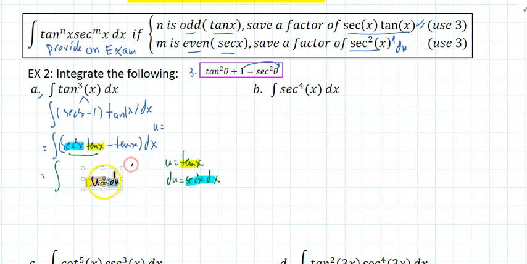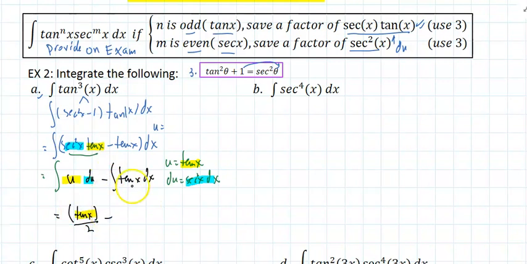And that integral right there is really straightforward, minus the integral of tangent of x dx. So this is u squared over 2, right? And I know that u was my tangent. And hopefully we have memorized that the integral of tangent is natural log of secant of x.